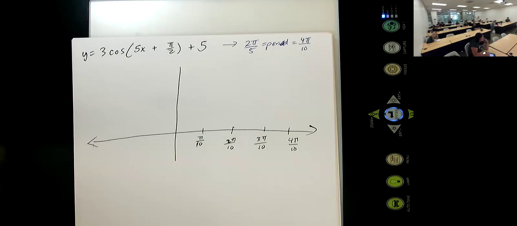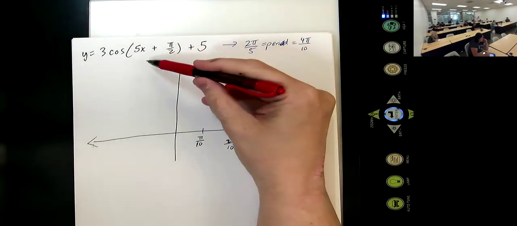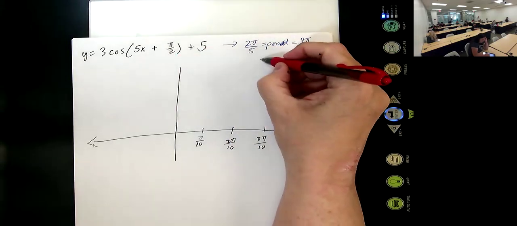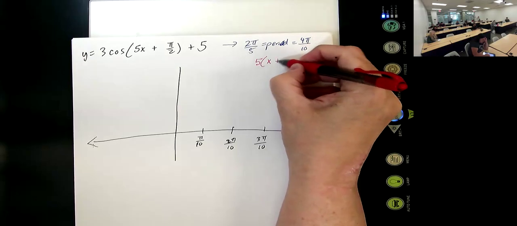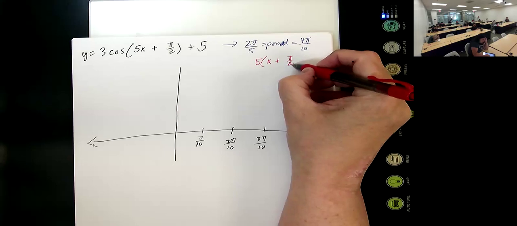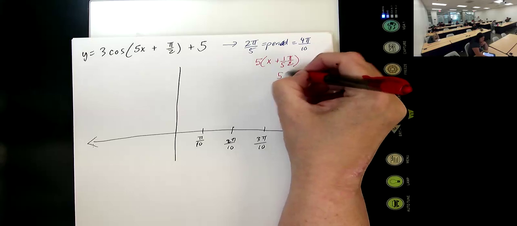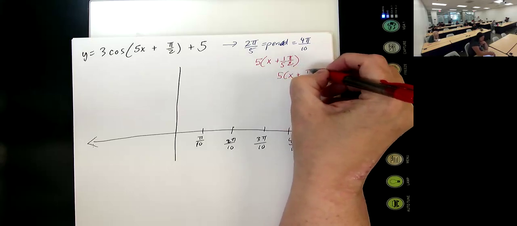Now, what is my shift gonna look like? If I factor out the 5, that's the same thing, dividing by 5 here is the same thing as multiplying by 1/5. I get 5 times x plus pi over 10.